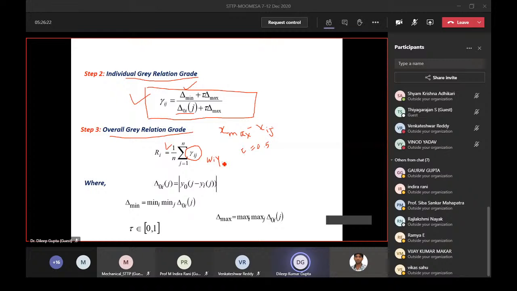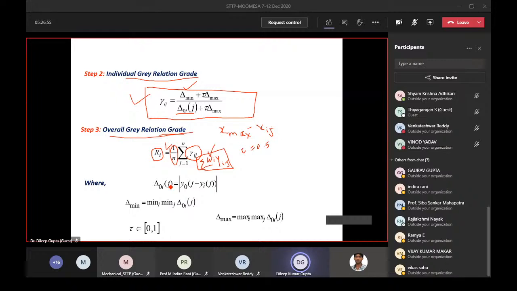This is the better way of doing it, because the value of weightage can be different. The simple average is applicable when equal weightage is given. In the more general form, you use wi gamma ij, where weightage can be equal or different, and the answer will be the same, right? So this is to calculate the overall relation grade. Once you know this grade, you can do the ranking on the basis of R1, R2, R3.